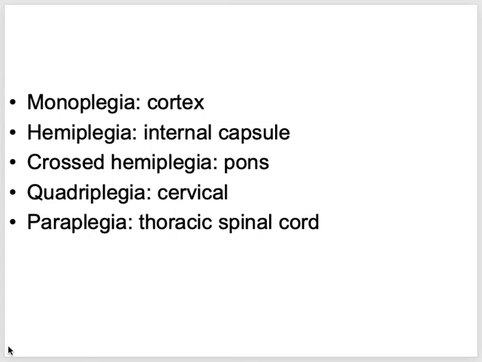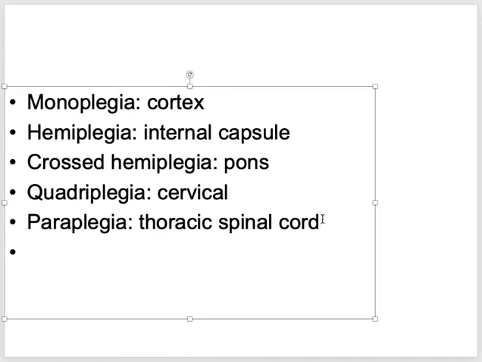For example, monoplegia or monoparesis: monoplegia means one limb is paralyzed, and monoparesis is weakened movement, where one arm or one leg is involved. Hemi means half.